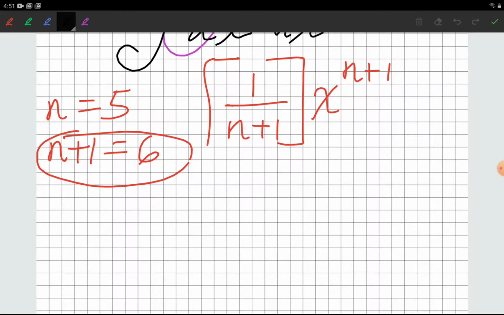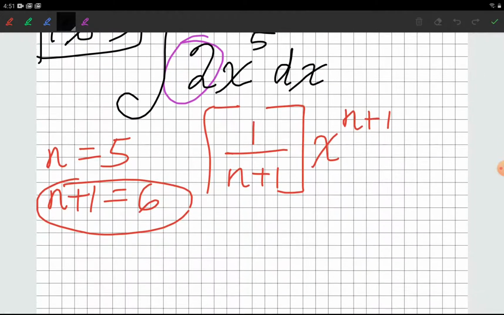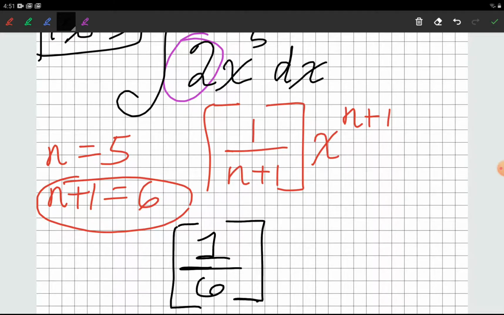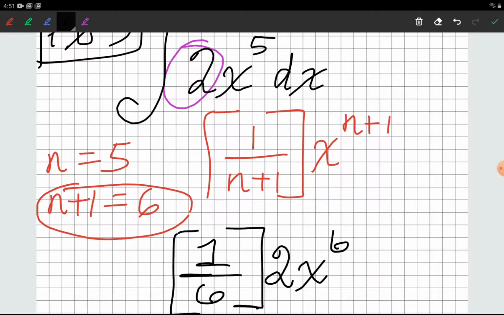And here we go. Alright, so the formula tells us 1 over 6, 2x to the 6, right? So you never, ever want to ignore the original function, what the actual original function is.